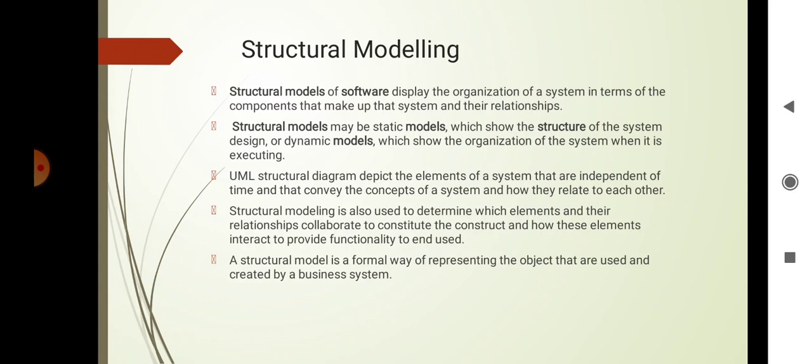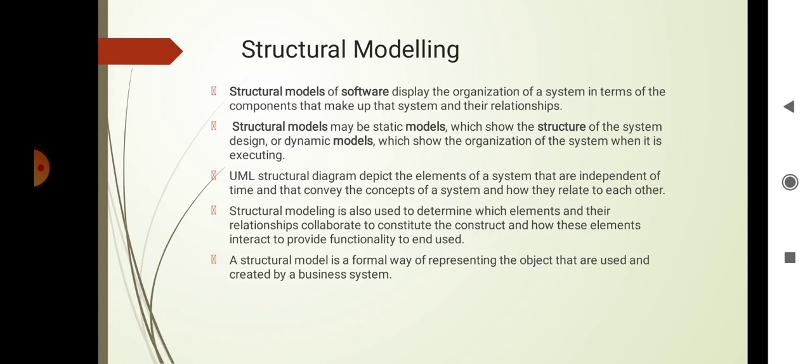Then the next concept is structural modeling. A model is a simplification of actual reality, and the model provides an exact blueprint of the system. A model may be structural, emphasizing the organization of the system, or it may be behavioral, emphasizing the dynamics of the system.